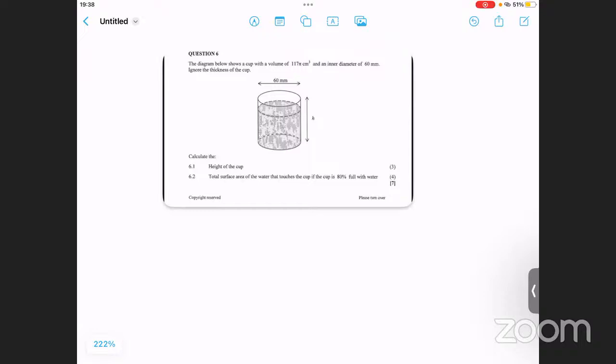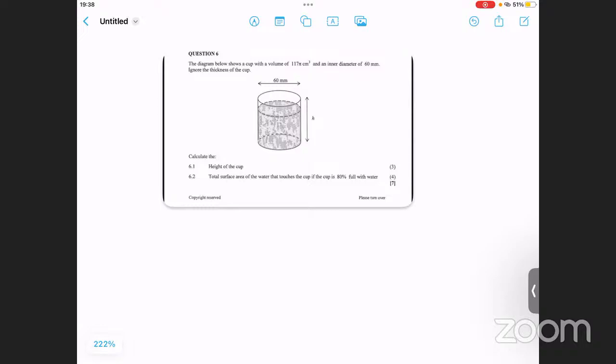Ignore the thickness of the cup. We are given the volume, and in addition to that, we are given the diameter of that inner cup. What follows after the diagram is the question.